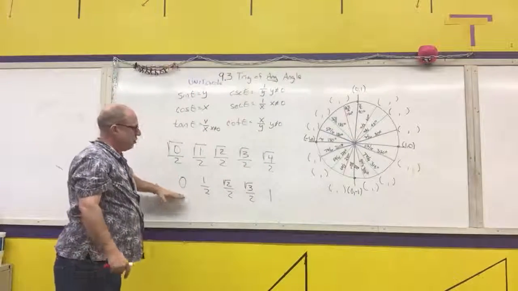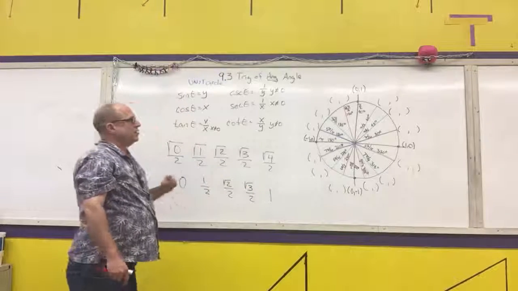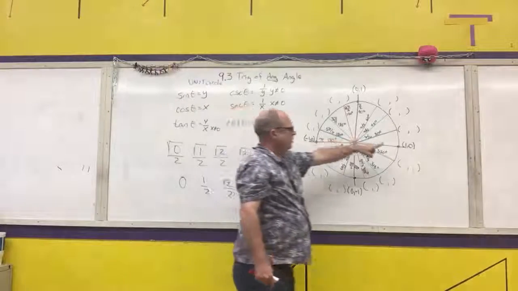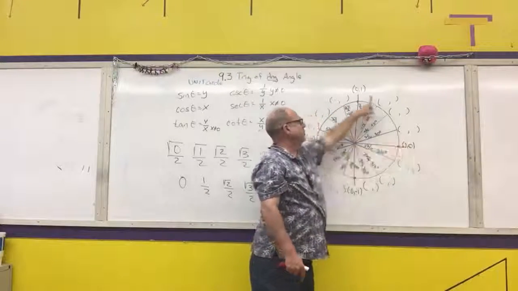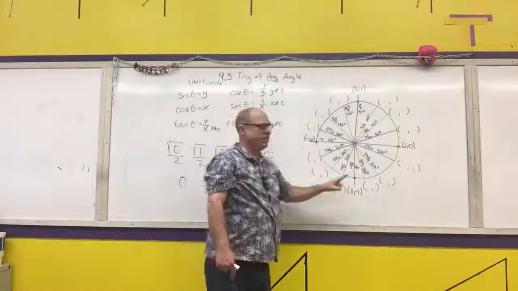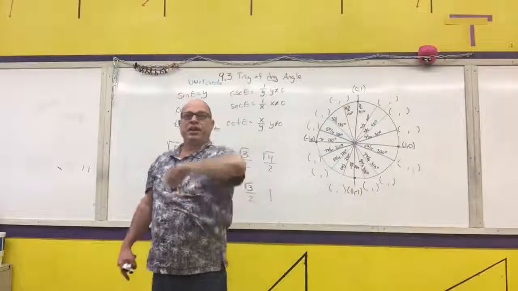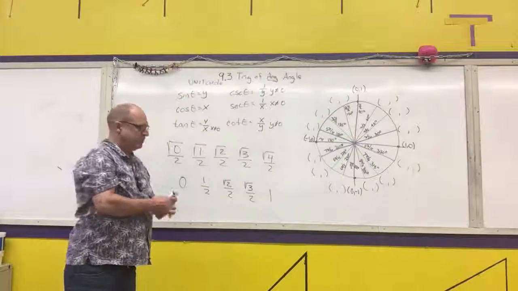These are the shorter numbers. These are the longer numbers. So if you know where the quadrantal points are on the unit circle, (1, 0), (0, 1), (-1, 0), and (0, -1), you're either going to increase or decrease in this order to fill out your blanks.